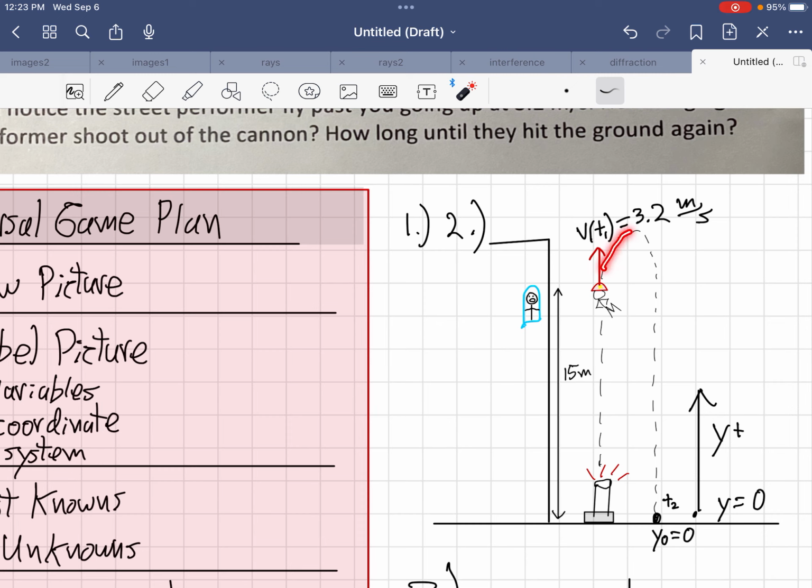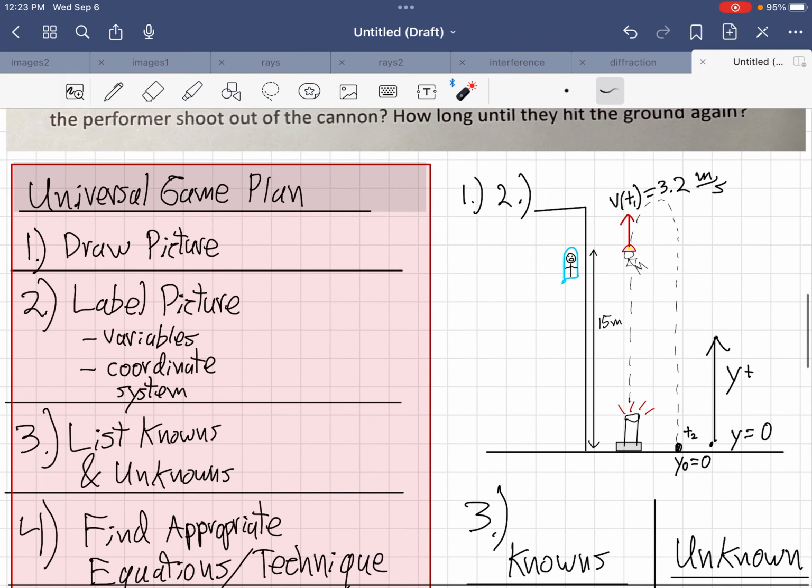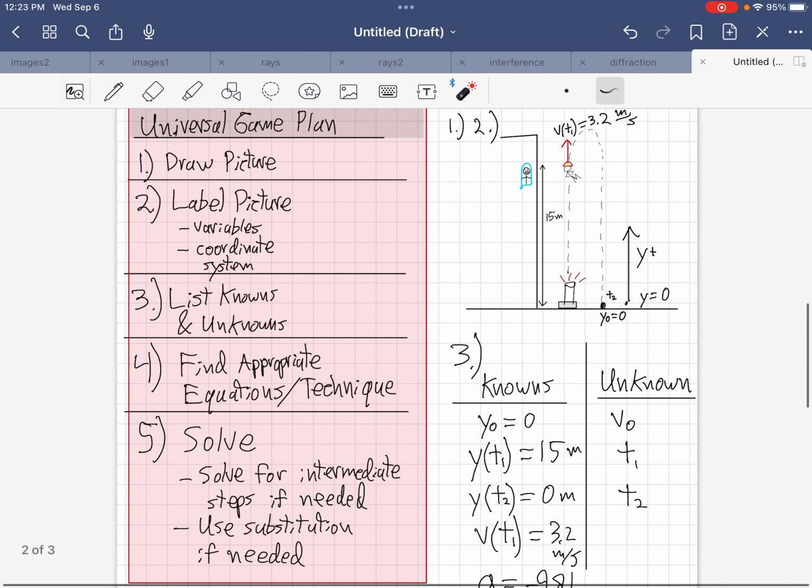It's also asking how long it takes for the guy to hit the ground again, so I'm labeling that time as time 2. I've drawn my coordinate system specifying that y equals 0 is the ground, and that positive y is in the upwards direction.